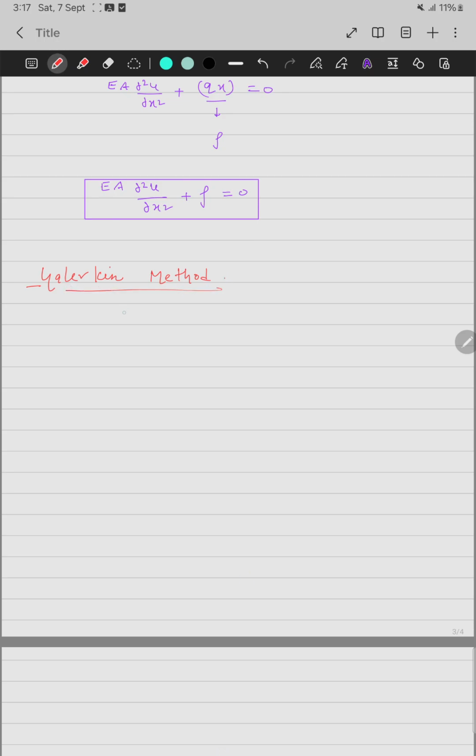Basically what we are saying is that our weight function is the same as the shape function, the function that we are assuming.